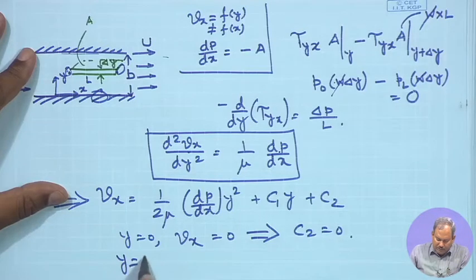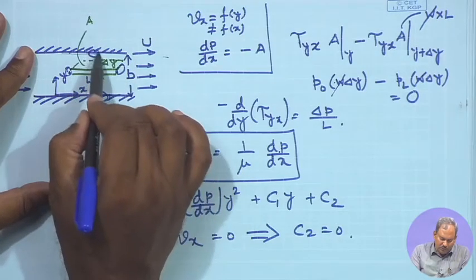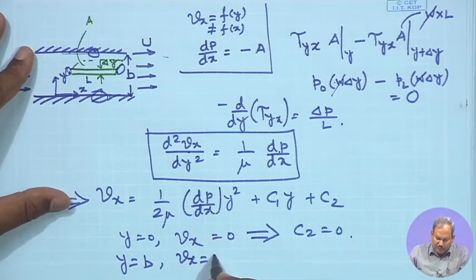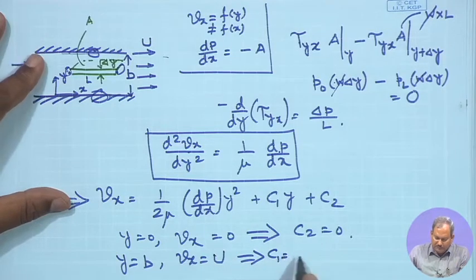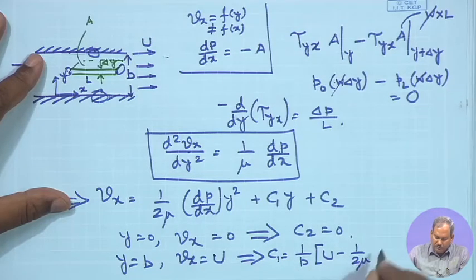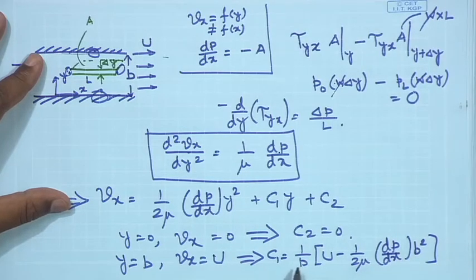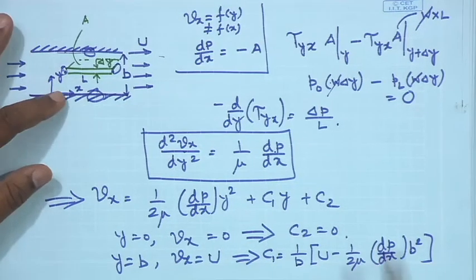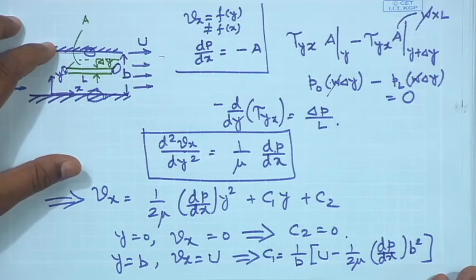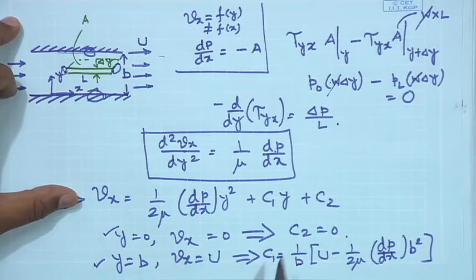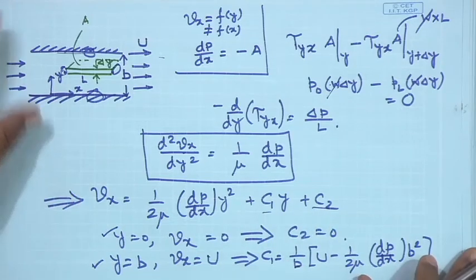The other condition is at y equals b, where Vx must be equal to the velocity of the top plate, and this would give you the expression for C1 as 1 by b times u minus 1 by 2 mu dp dx times b square. So, I am using no slip at the bottom and no slip at the top, no relative velocity at the bottom and at the top, to evaluate the constants C1 and C2.